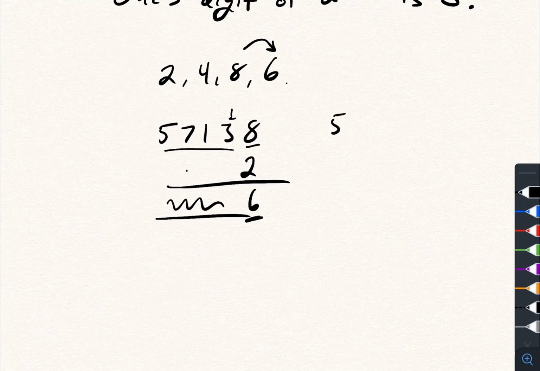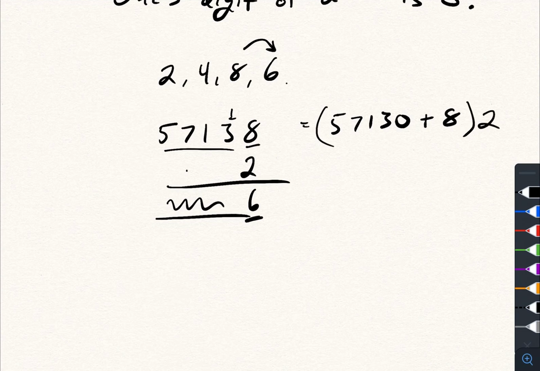Something to note here is that 57,138, you can think of it as 57,130 plus 8. If you were to multiply this by 2, well, 57,130 is just some multiple of 10. So this is 2 times a multiple of 10 plus 16.